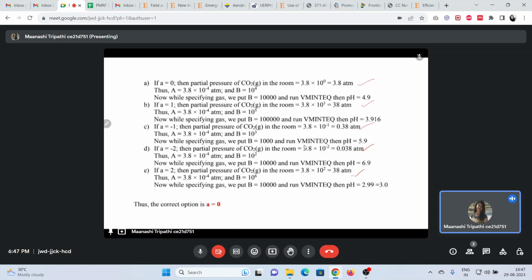First the partial pressure was this, then we got A and B like this. Then A equal to 1, A equal to 2, minus 1, minus 2. We tried all the options which are given, and when we put 0, we got the solution. So the correct option is A equal to 0.